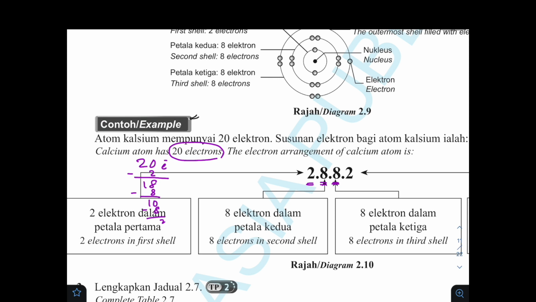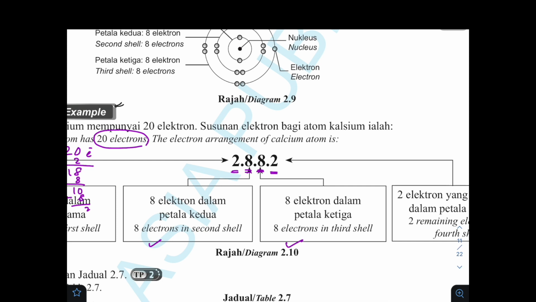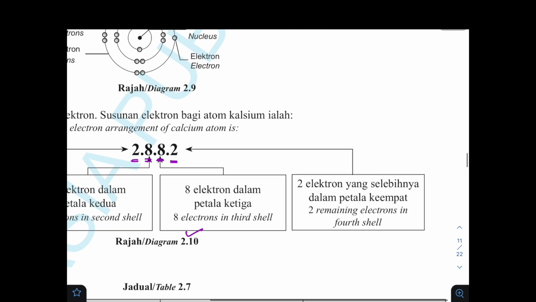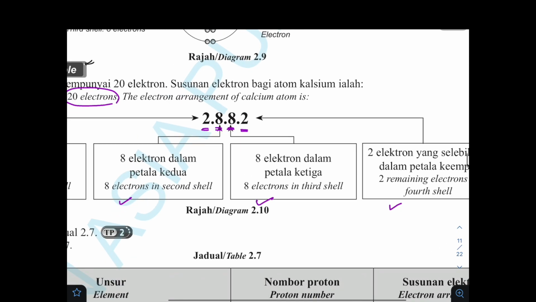So where do we put these 2 electron? We put to the fourth shell, right? It's like this. So the electron arrangement of calcium atom is 2.8.8.2. So you see here 2 electron in the first shell, and then 8 electron in the second shell, 8 electron in third shell, and 2 remaining electrons in the fourth shell.